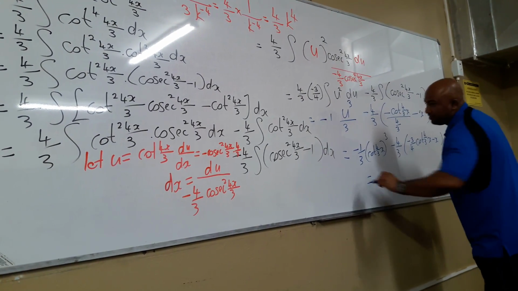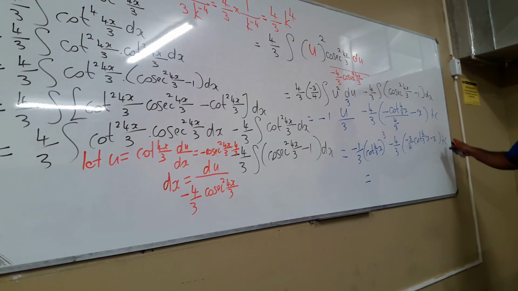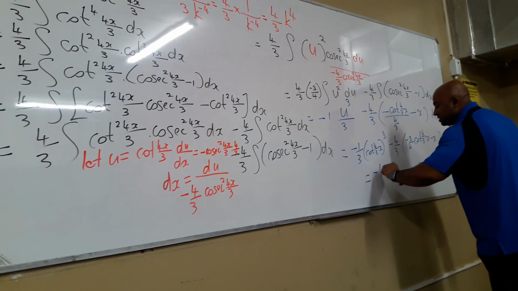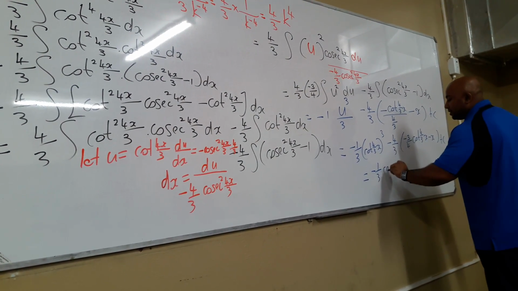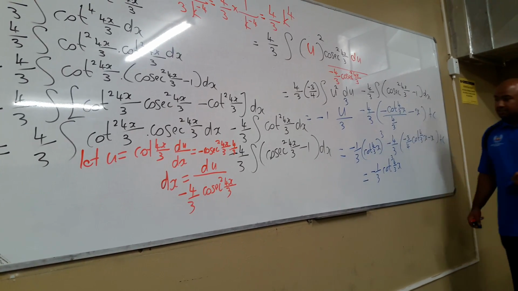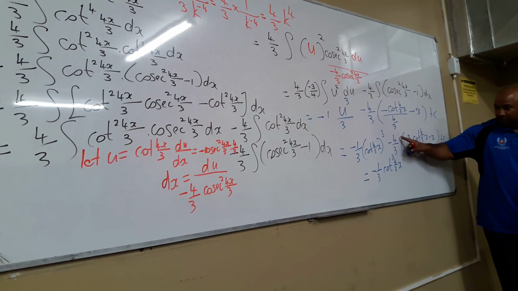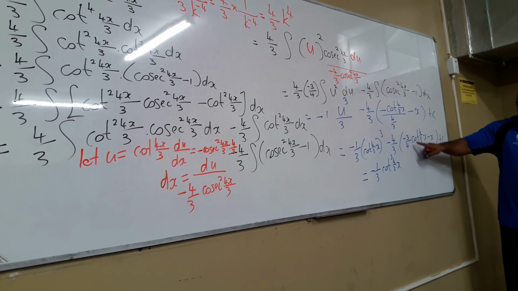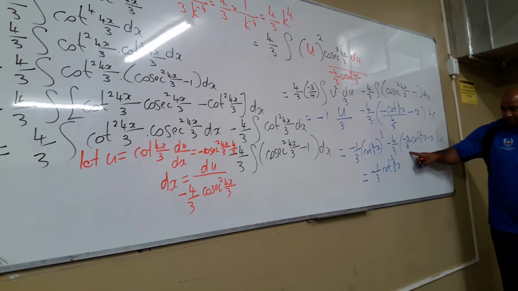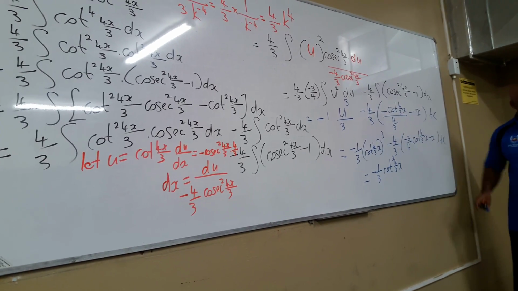And obviously you would have done it that way. That means you have multiplied out the whole thing. Alright? So let me do that also. So that's minus 1 over 3 cot cubed 4 over 3x minus 4 over 3 times minus 3 over 4. What will happen here? Cancel there, negative times negative.